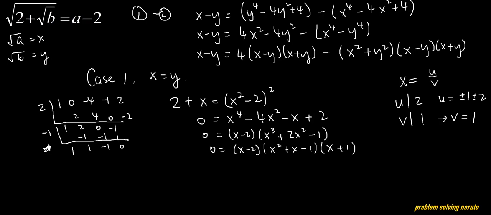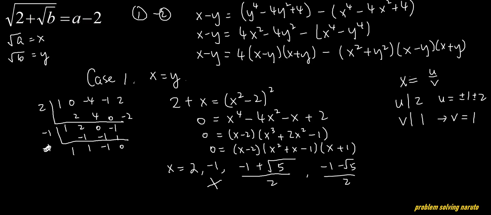Okay, so let's say x is 2, -1. So just use the quadratic formula on this quadratic. So obviously my x is a square root, so this is not okay. This is not okay because these are negative.